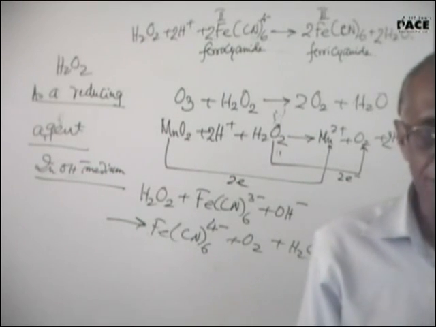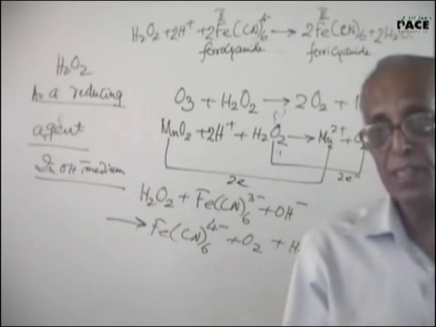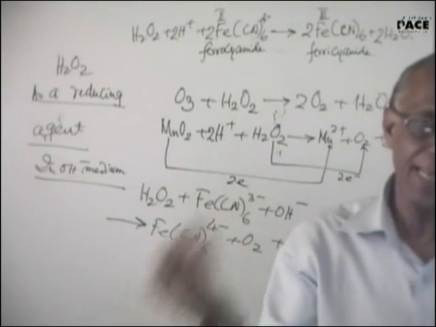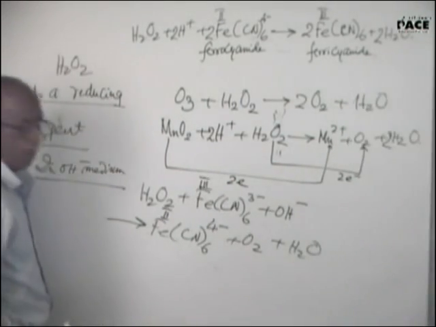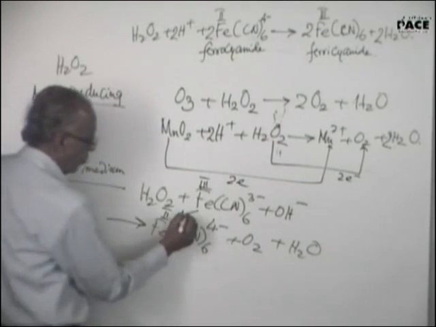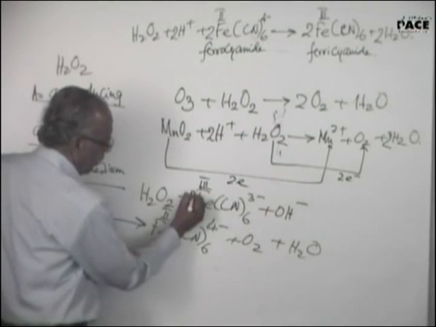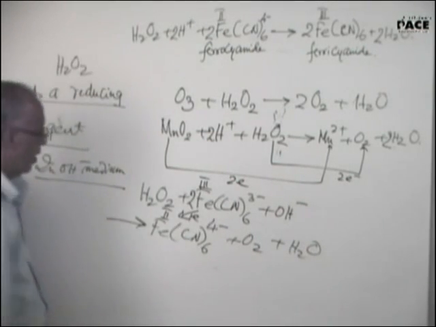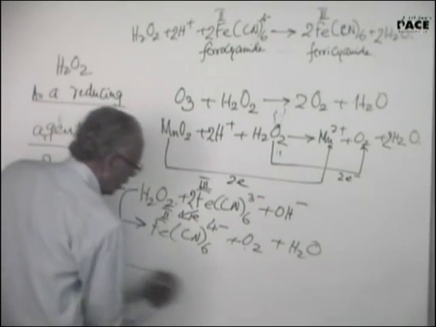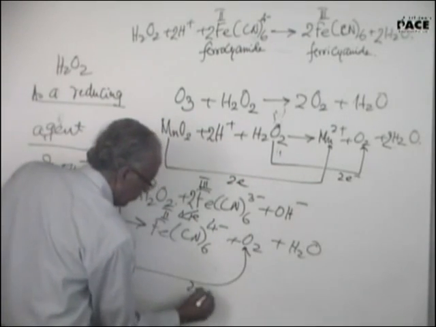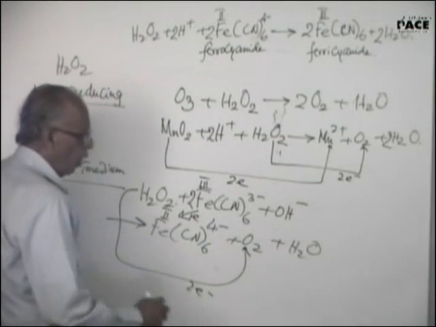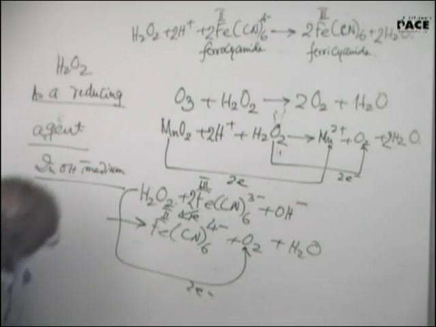In alkaline medium, it's the reverse reaction: hydrogen peroxide reduces ferric to ferrous, ferricyanide to ferrocyanide. What is the electron change here? 1. So it will be 2 times, because hydrogen peroxide to oxygen is a 2 electron transfer. So how many OH minus? 2.